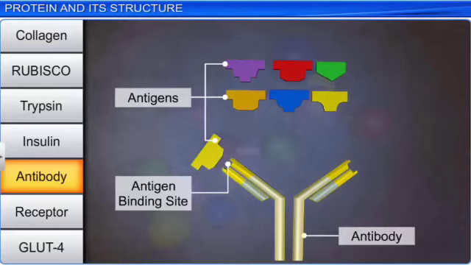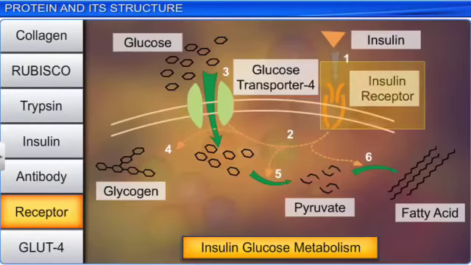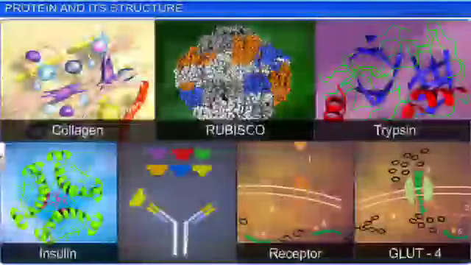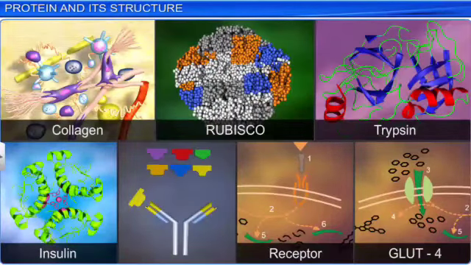Receptor, another protein, helps in sensory reception, while glucose transporter 4 or GLUT4 helps in transporting glucose to the cells. In this manner, various proteins play a vital role for every living organism. The structure of these proteins is crucial in determining their functions.